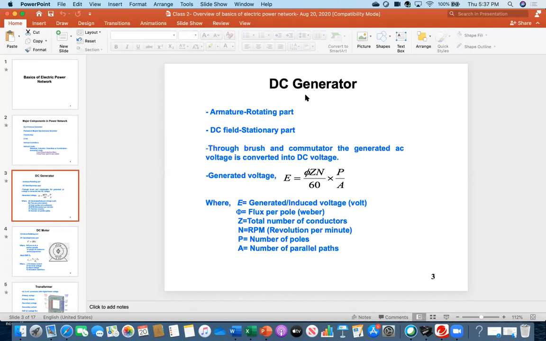You see there are two parts. One is called the armature, the rotating part, and the other is called the DC field, the stationary part. At this point, let's stop this one and let me take you to the whiteboard. That will help you a lot.